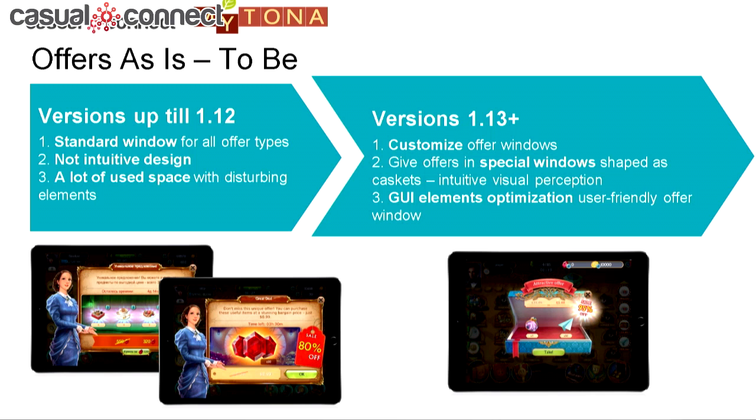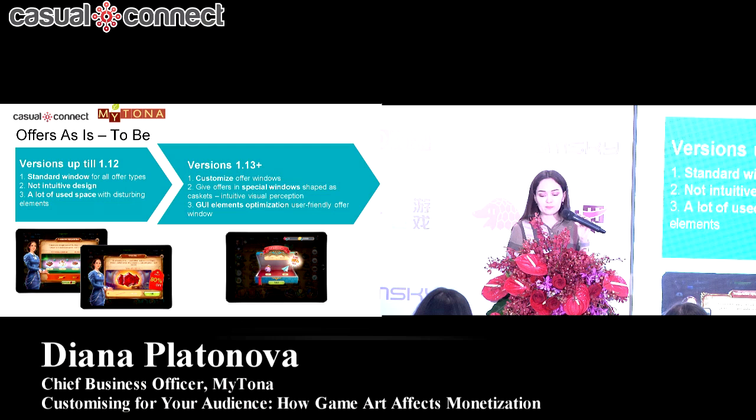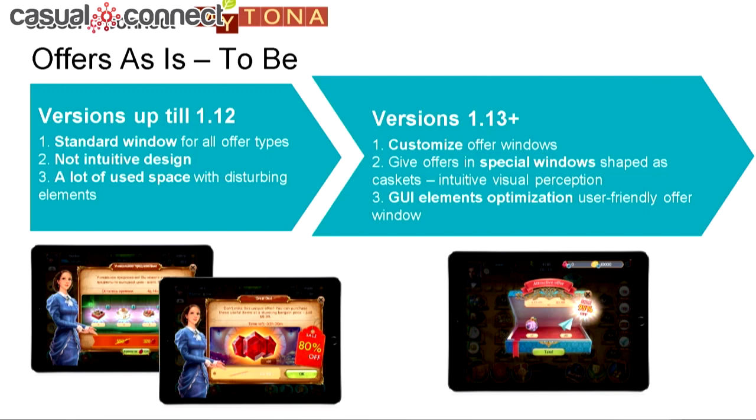So what we've got after is a very special window, an attractive box, so the player understands that this is an attractive offer. And there was efficient use of space and customization by type of offers. We've got a limited time offer, conversion offer, offers in the bank sales, etc. And of course, a better UI.